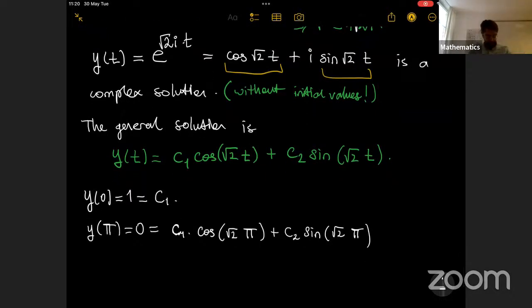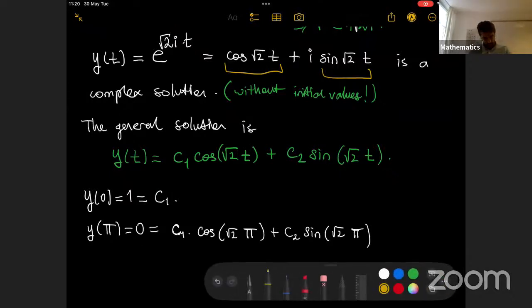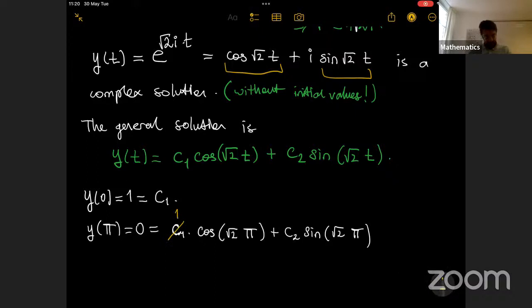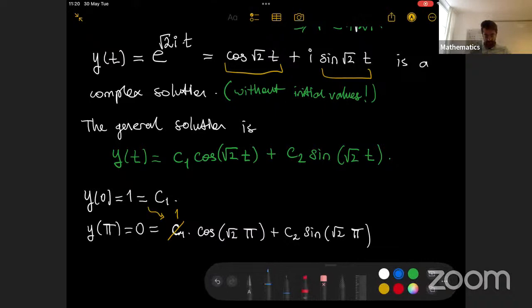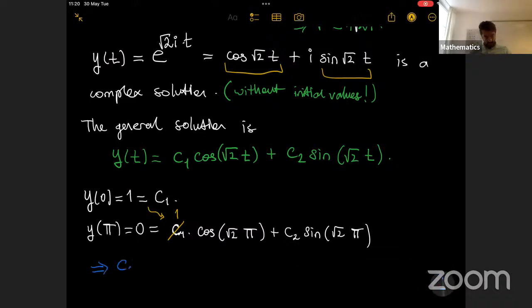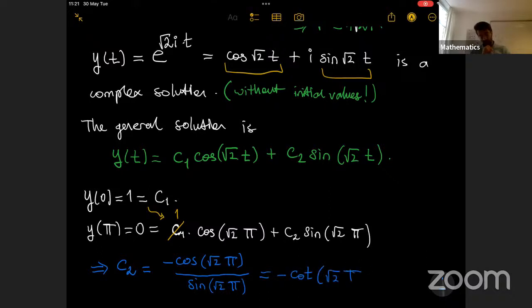We already have c1, which was 1. So this tells you c2 is minus cosine root 2 pi over sine root 2 pi, which is minus cotangent root 2 times pi. So we find c1 and c2.